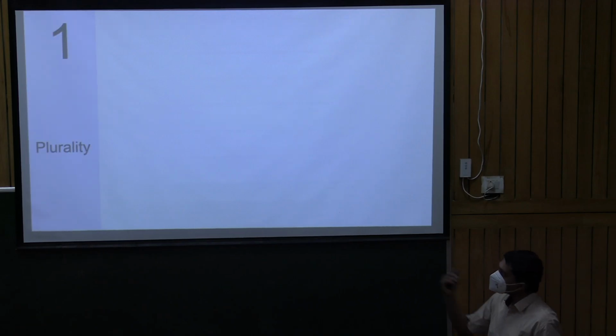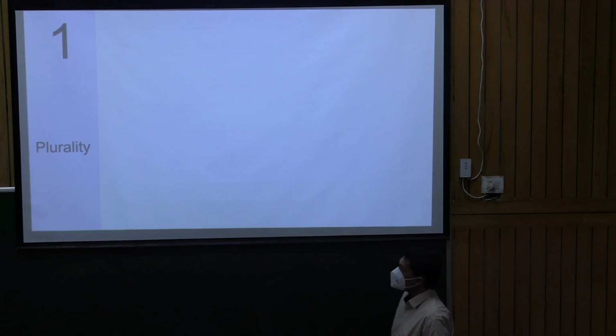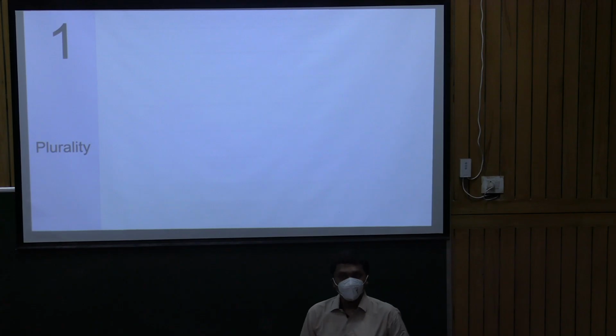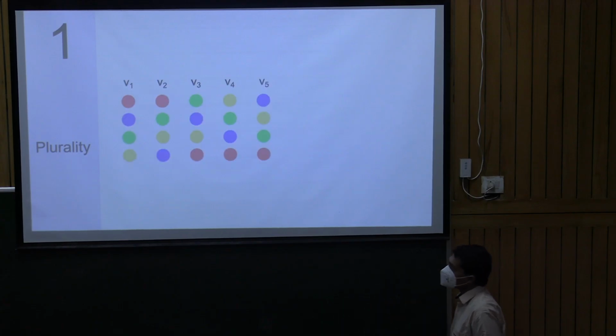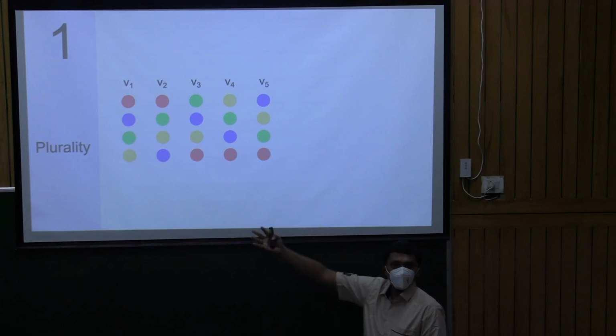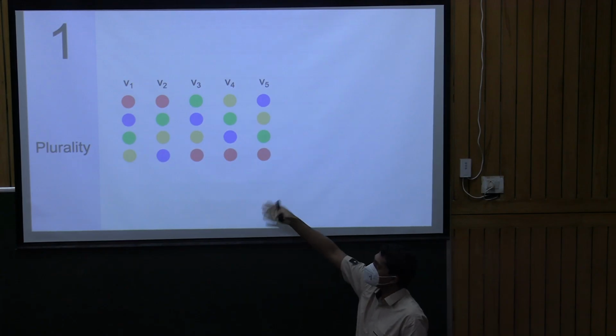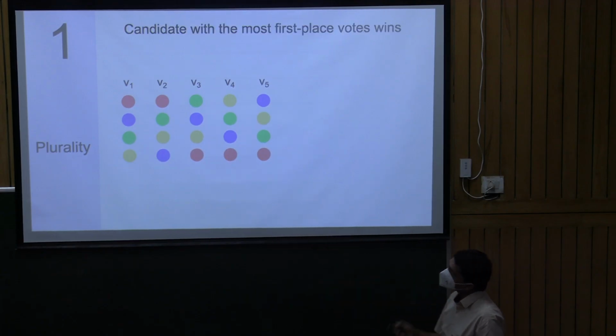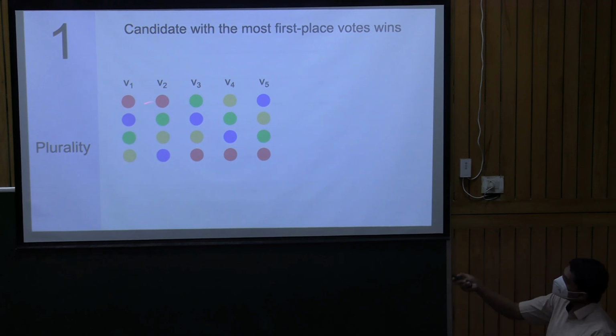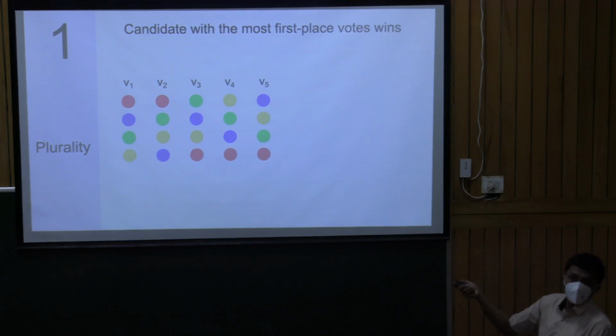Okay, good. So let's look at some known voting rules, and the first rule that I want to start with is called plurality. Here's how it works. The input to this voting rule is again a profile like this: a bunch of voters, every voter having a ranking over candidates. Given such an input, this voting rule is going to elect as winner the candidate with the most first place votes.